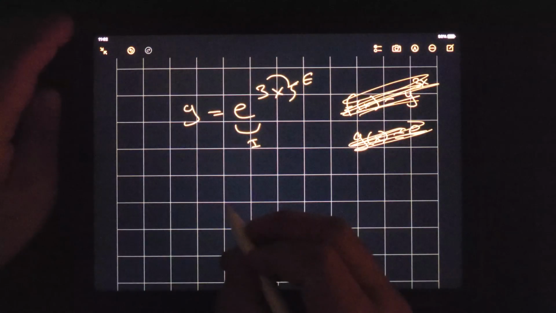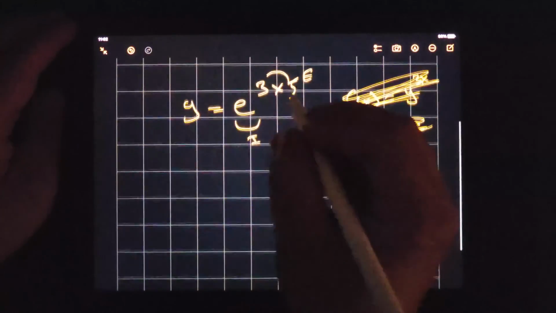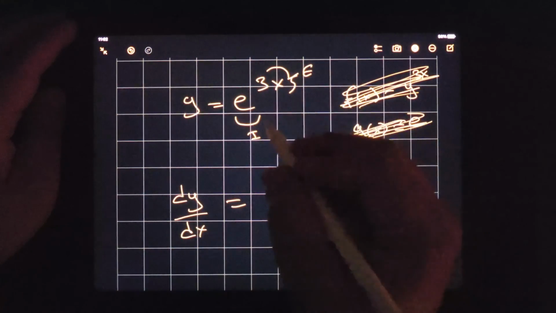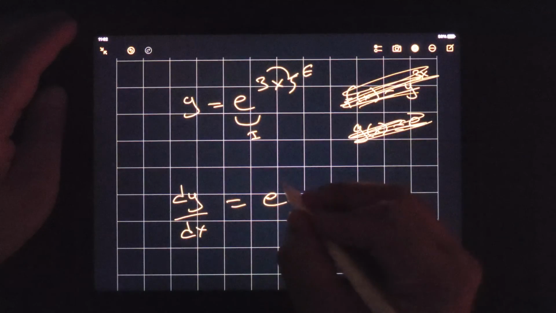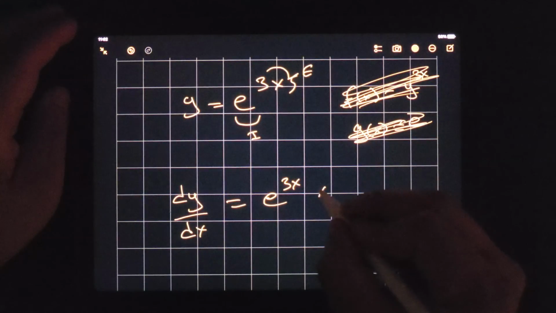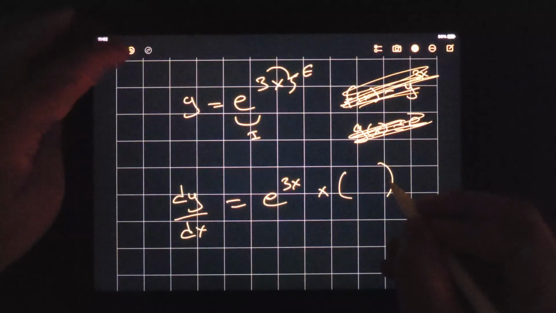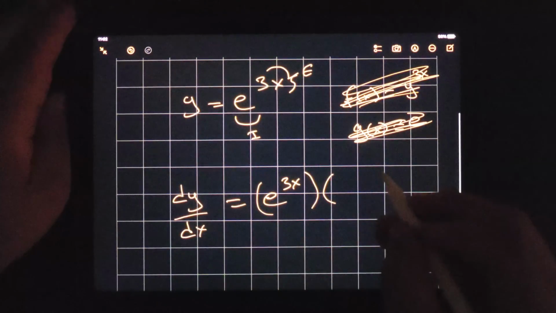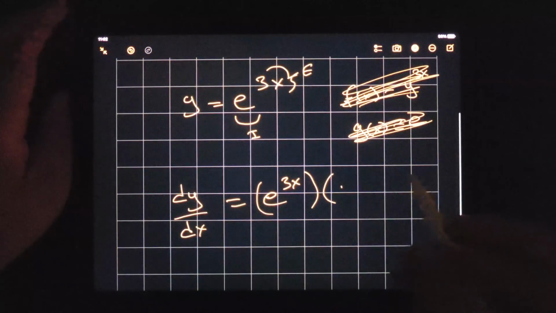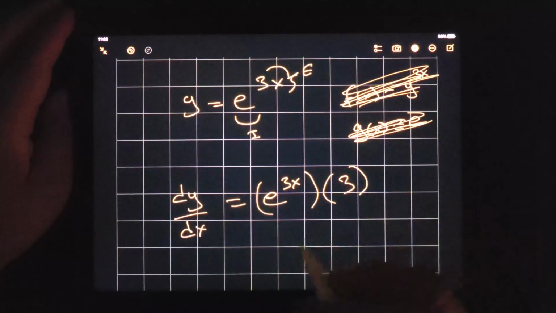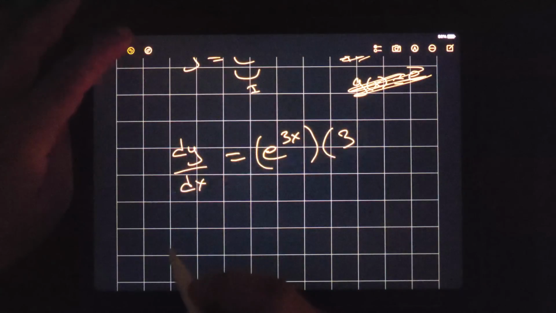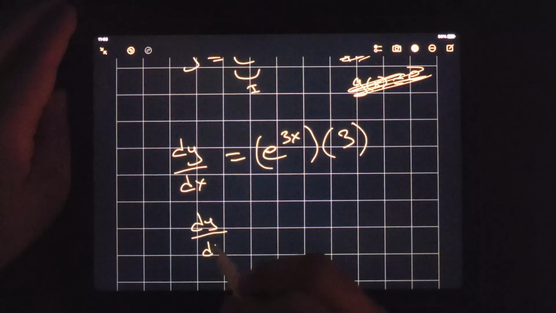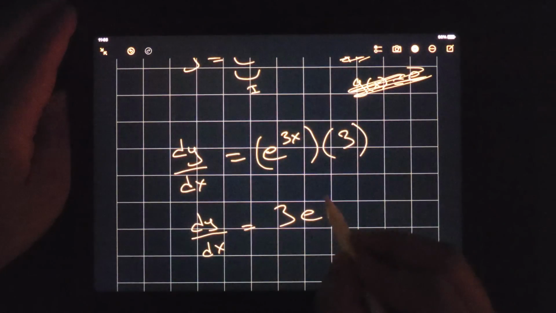If you were to use the chain rule here, you would do e to the 3x times the derivative of our exponent, which is going to be 3. So our derivative is going to be 3e to the 3x.